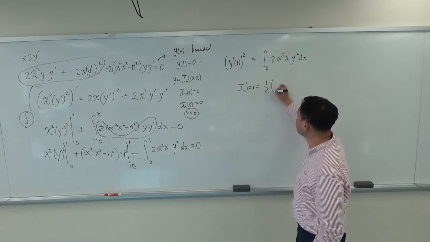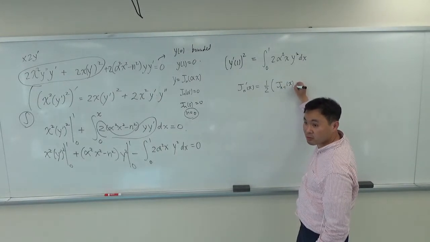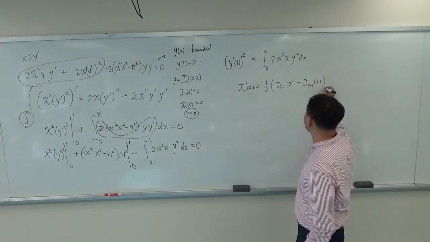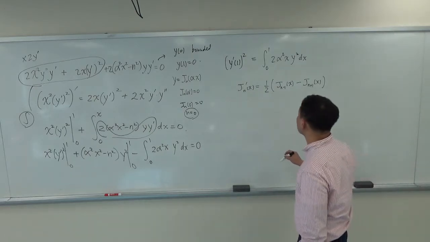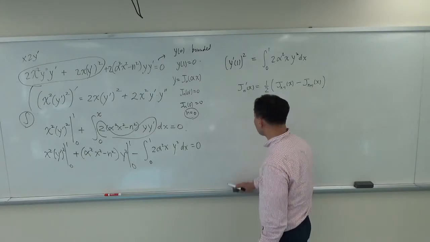This is 1/2 of j n minus 1 of x minus j n plus 1 of x, right? Oh, no, this is not the one I want.